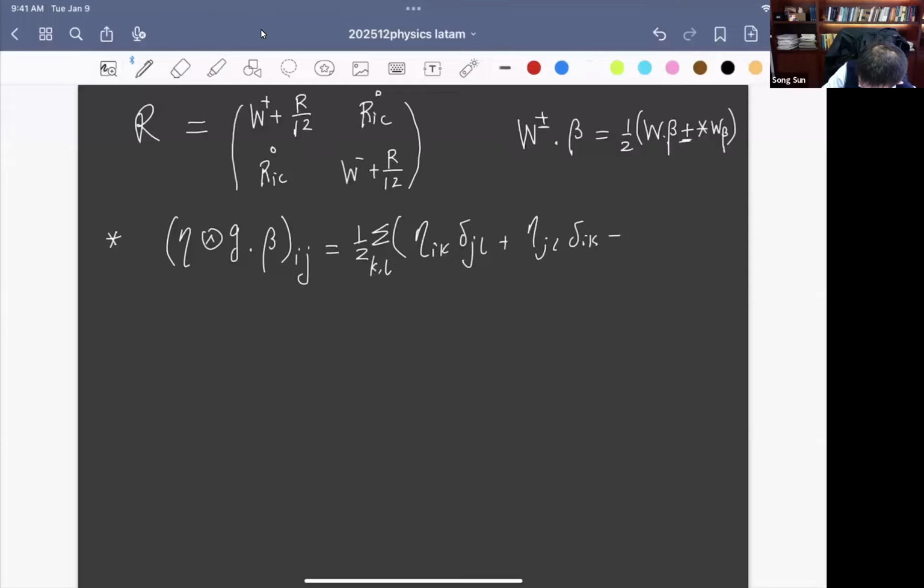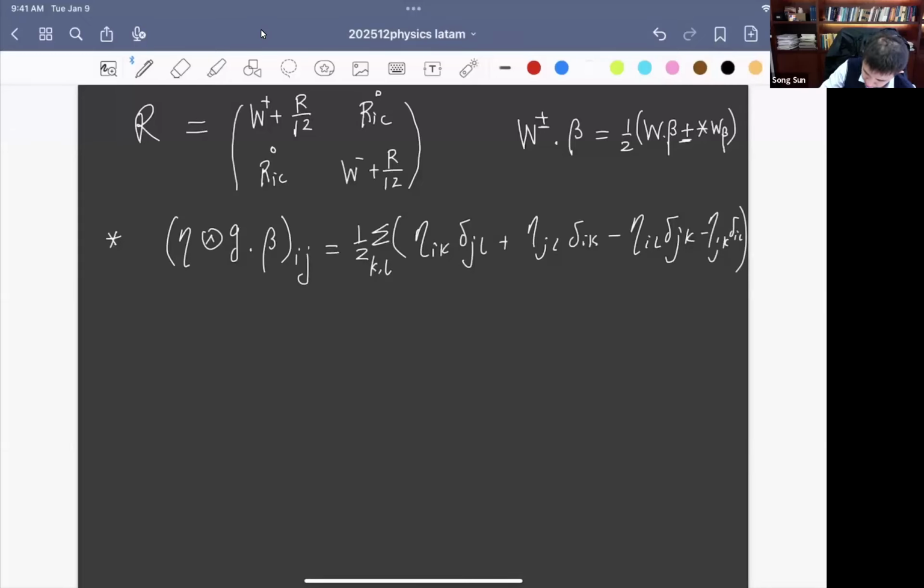You want to make it symmetric in IK and JL, but anti-symmetric in I and J and K and L, with terms like η_jl δ_ik minus η_jk δ_il.